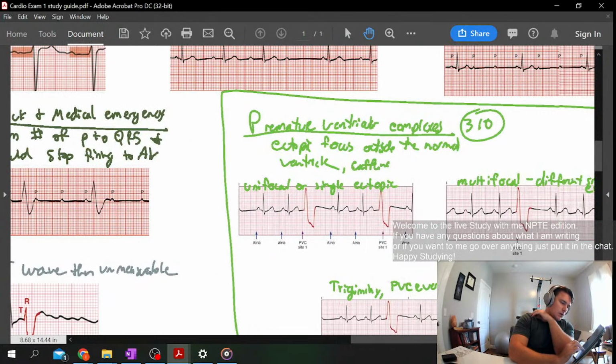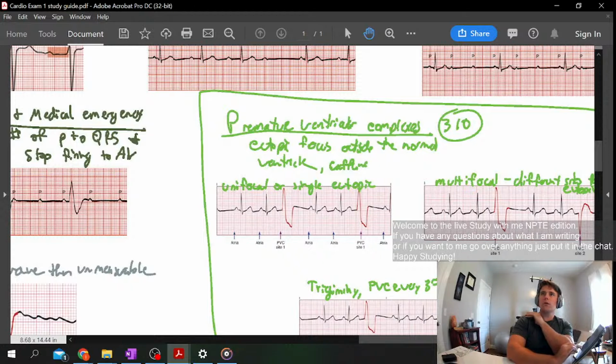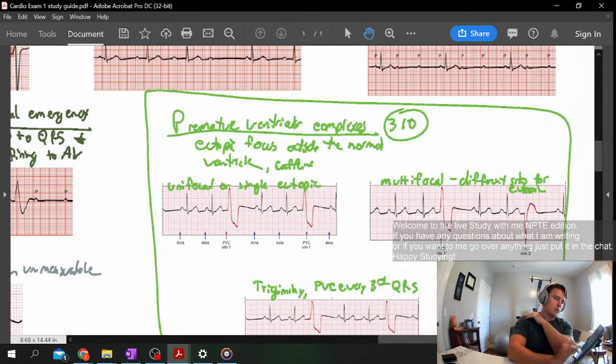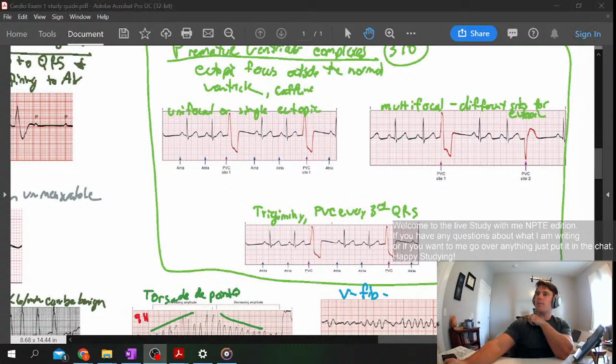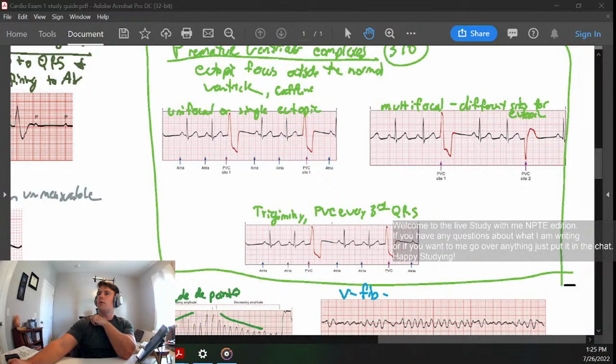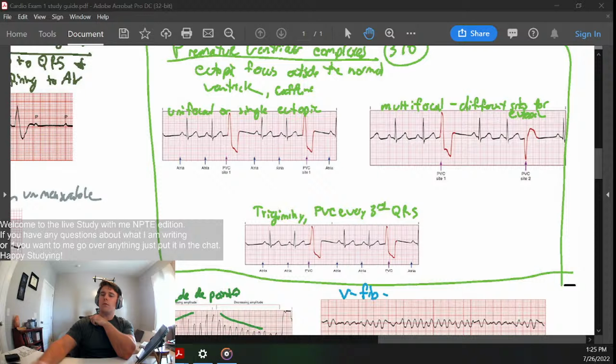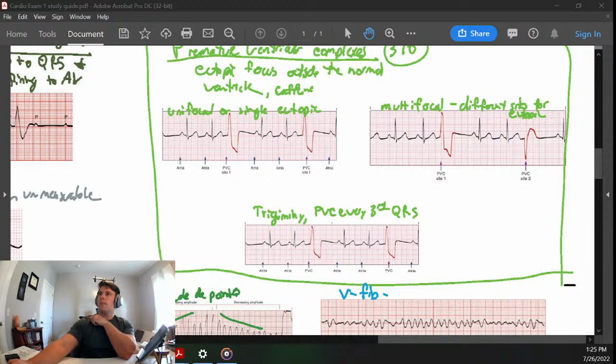So PVC is a premature ventricular complex. Sorry, guys. So here's the PVC here. It stands for premature ventricular complex, or contraction.